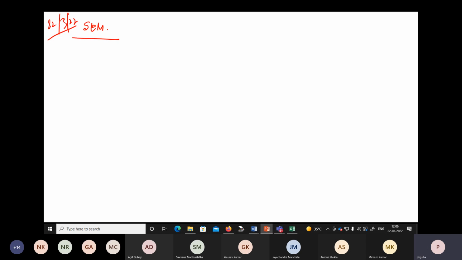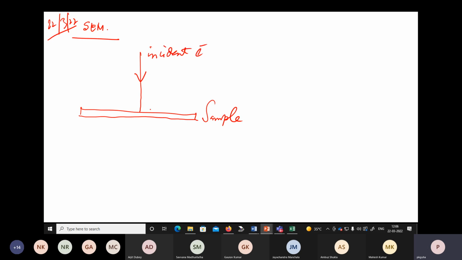We have also discussed a bit of the interaction between the electrons and the sample. Okay, there we mentioned three kinds of interaction. So this is my sample, and this is the incident electron, and this incident electron can generate secondary electrons.